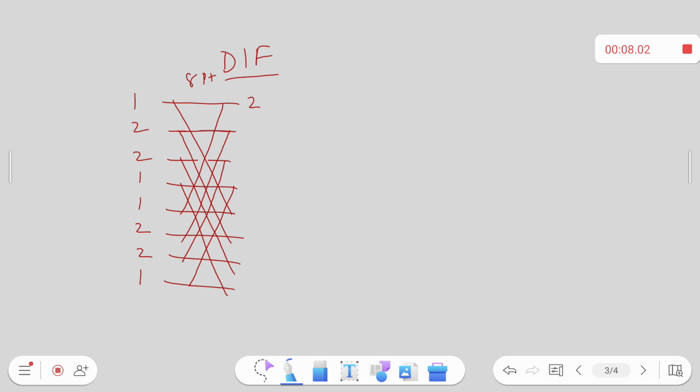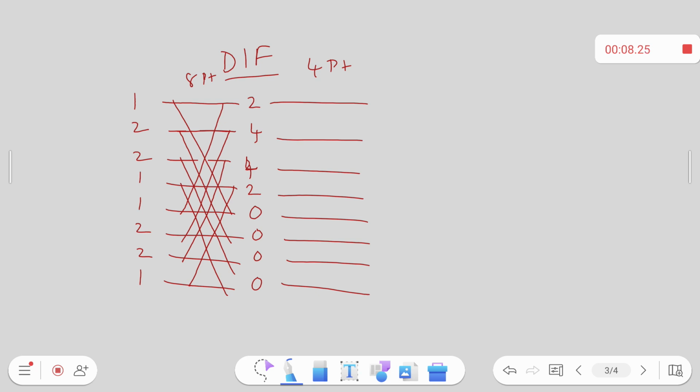So after subtraction you are going to multiply. This value will be 2, this will be 4, again 2, again this is 4, again it is 2. Here you need to subtract the values. When you subtract these values, this becomes 0. Now you need to apply 4-point. You have to take 2 A and then 2 B. So the bottom values will give you only 0.